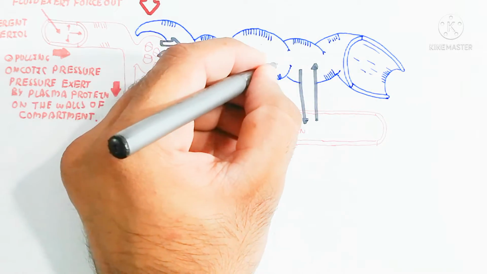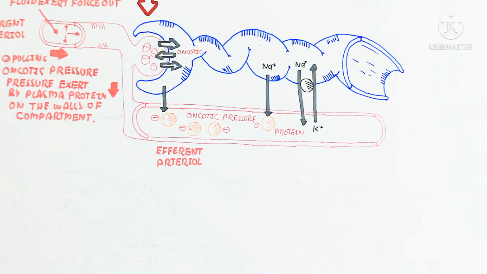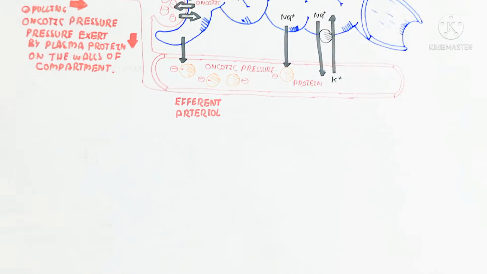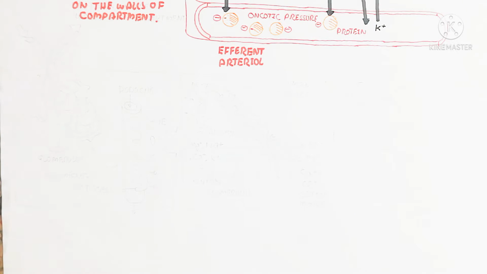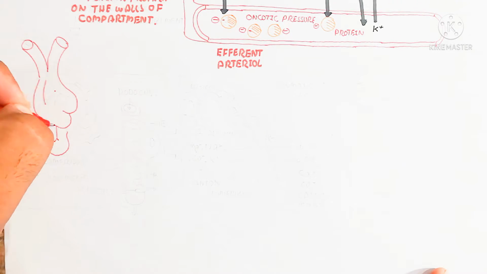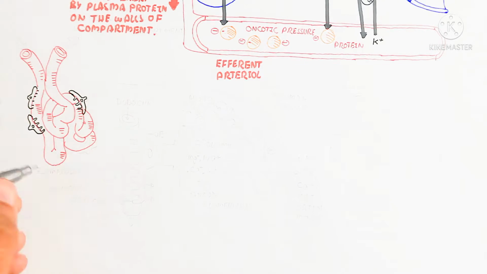So the aquaporin channel is used for the reabsorption of water into the efferent arteriole. That is the homeostasis, because the water is required, so the water will be reabsorbed again.